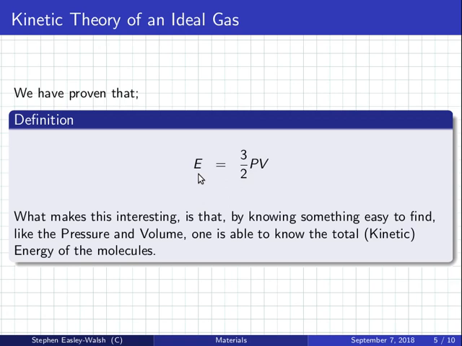It's impossible. But you could measure pressure and volume. And by measuring these big things, you can know about this small thing. You can know all the kinetic energy of all the particles by measuring the pressure and the volume of the gas. Maybe this means more to me than it does to you. But it is quite interesting, I think. Alright.